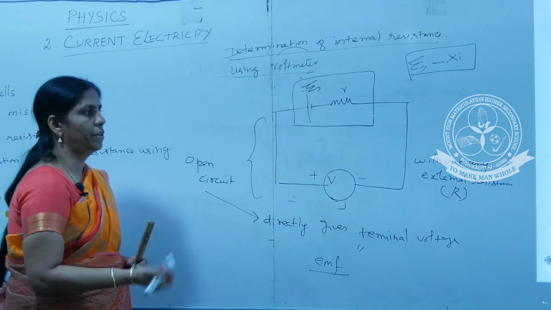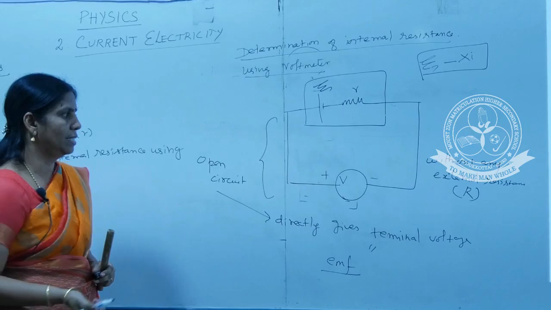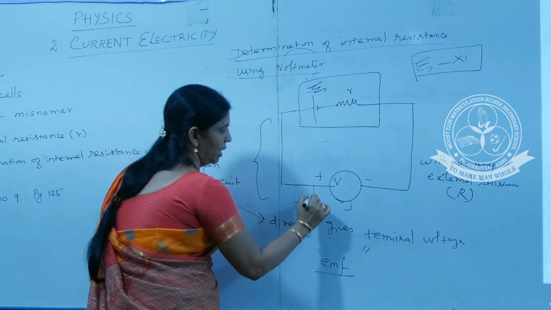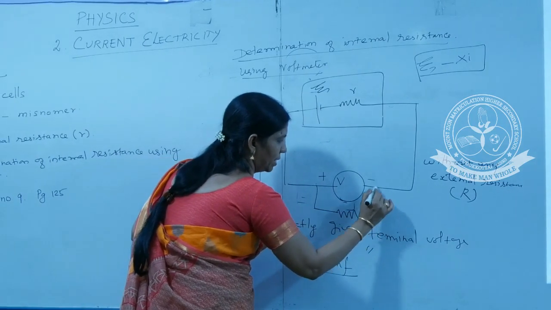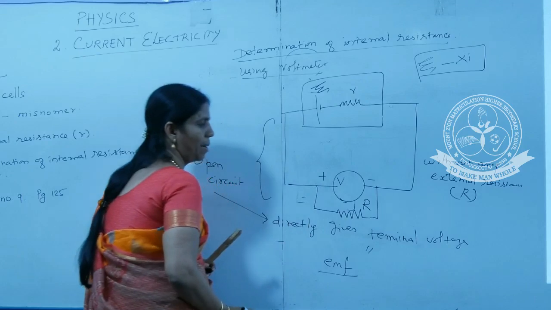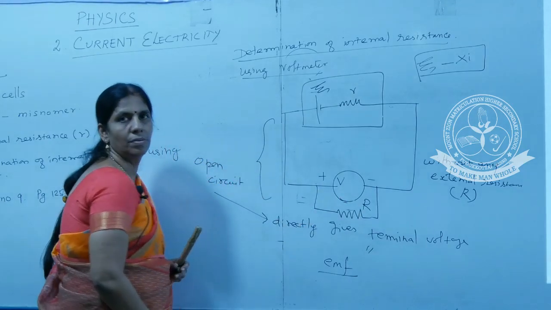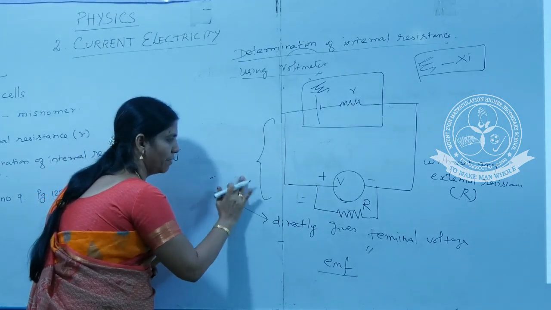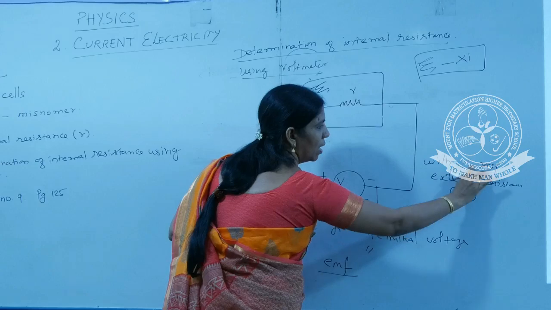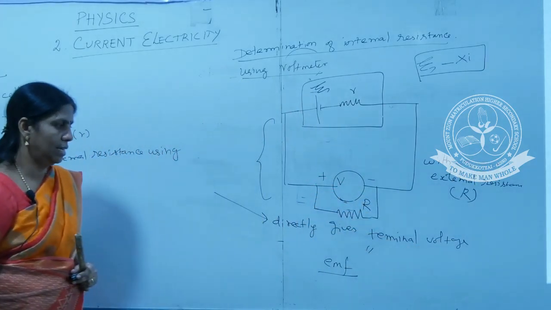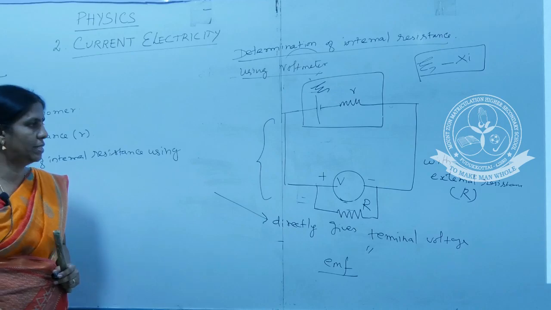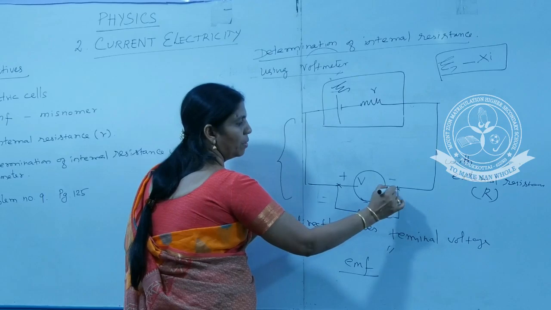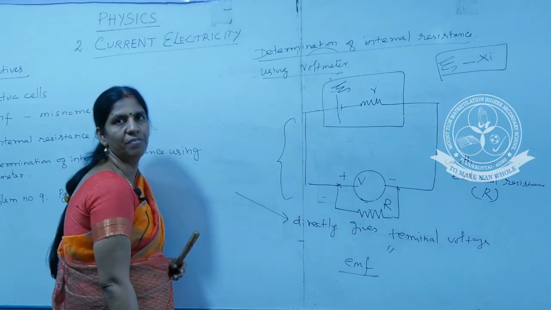Now, suppose we include an external resistance capital R, what happens? We are just connecting an external resistance capital R to this circuit. Now, this circuit is not an open circuit, as we have included external resistance. Definitely the potential difference across this resistance will be different from the previous value.